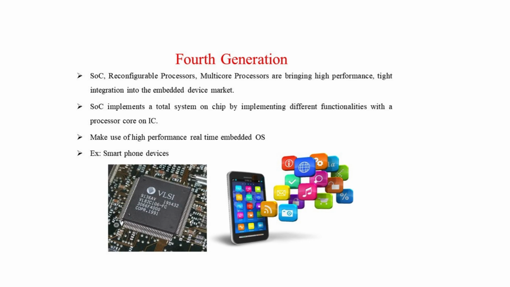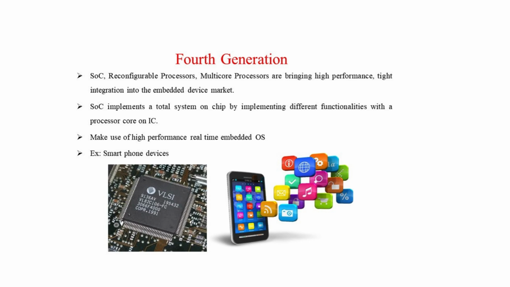social media, etc. Now the system on chip implements a total system by implementing different functionalities with a processor core on an integrated circuit. That means in a single chip, it has all the systems: input systems, output systems, processing systems, memory system, and everything.